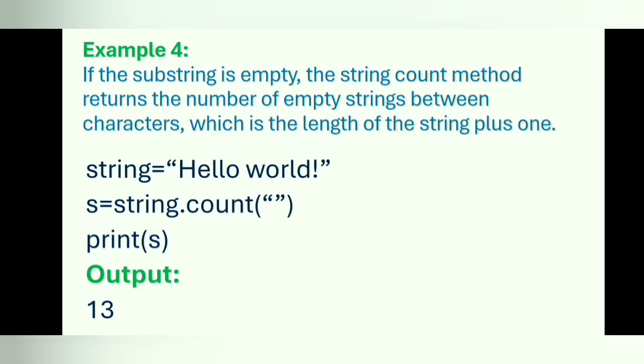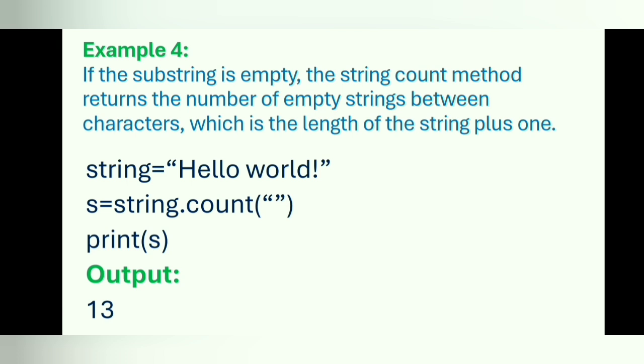Example 4. If the substring is empty, the string count method returns the number of empty strings between characters, which is the length of the string plus 1. In this example, we assign the string value "hello world" to the variable string. We apply the string count method to this string by passing an empty substring as an argument and store the result in a variable s.